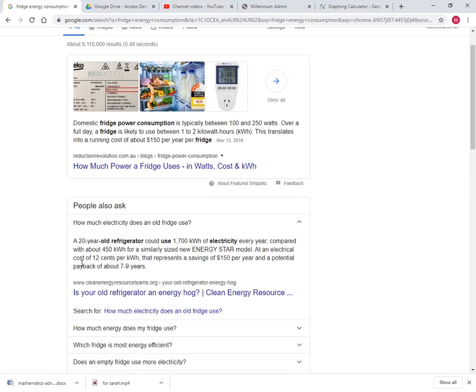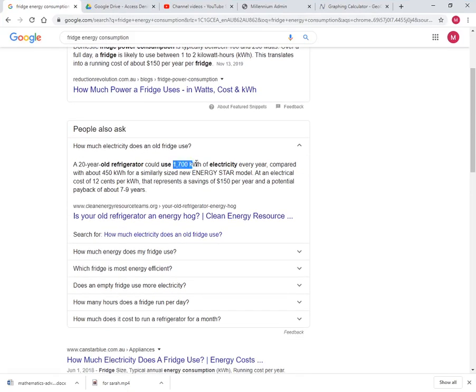An old fridge, a 20-year-old fridge, could use 1,700 kilowatt hours. My calculation was only 300 kilowatt hours. This is why they're saying, is an old fridge actually worth keeping? Because a new fridge might pay for itself eventually, because it uses less electricity.